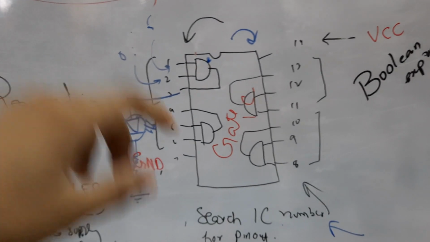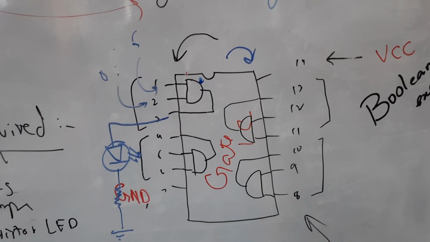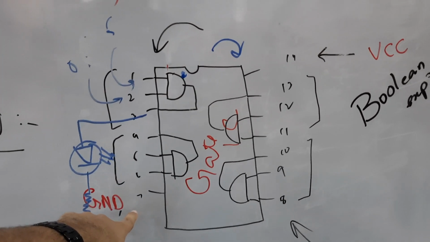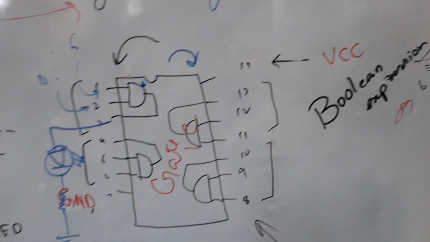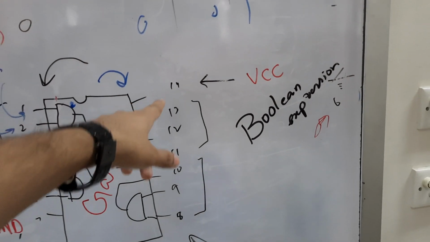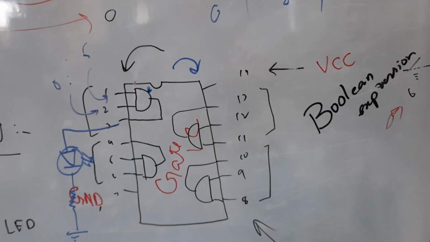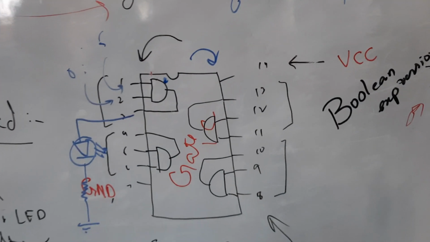And obviously to use the logic gates you need to power up the IC first. So pins 7 and 14 are used for powering up the IC. 7 is ground and 14 is power. So you need to give 5 volts between 7 and 14 so that you can use the logic gates inside it.